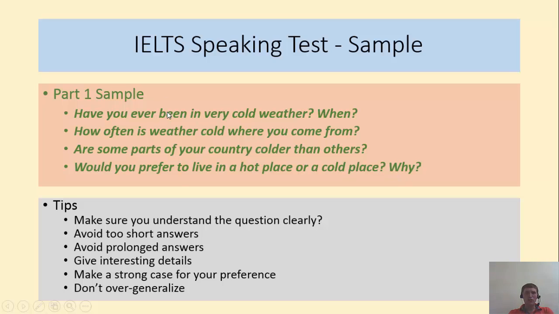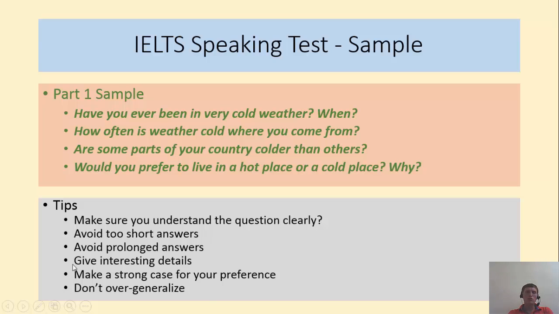When you answer questions like these in part 1 of the IELTS speaking test, you need to make sure you understand the question clearly. You can certainly ask the examiner to repeat the question if you don't. You need to avoid answers that are too short or too long, and I'll give examples of that in a minute.